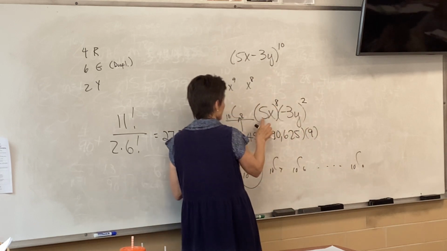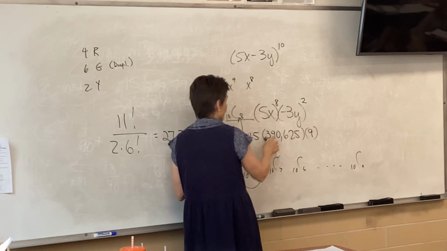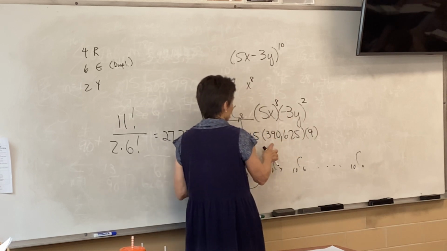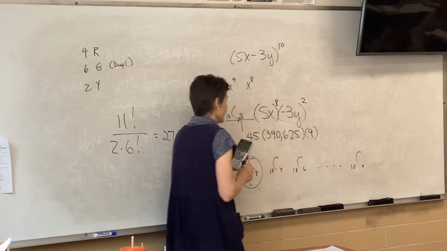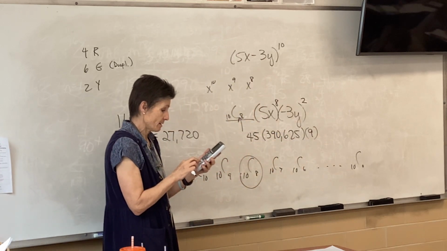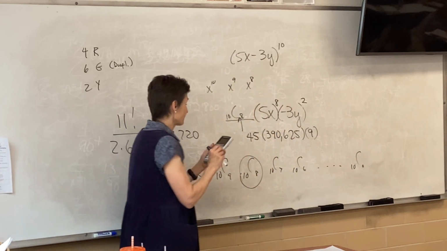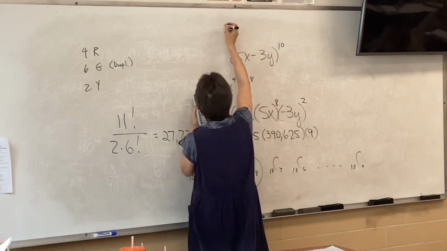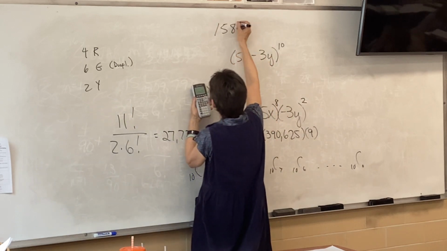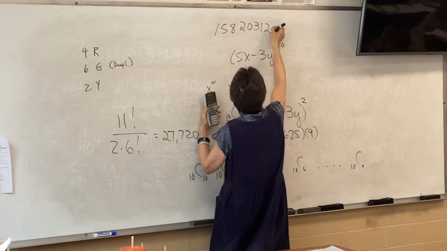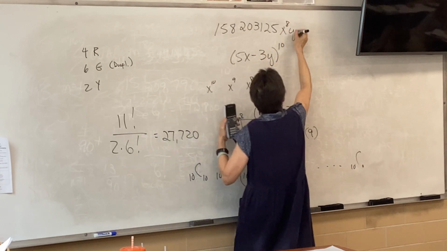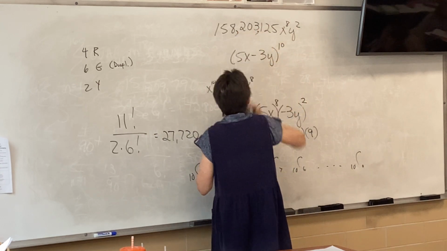Remember, the exponents go with the numbers also. So that's 5 to the 8th. That's 3 to the 2nd. So I'm going to multiply all those together. And my term is 158,203,125 x to the 8th y squared.